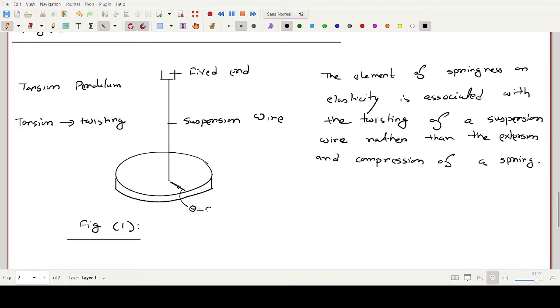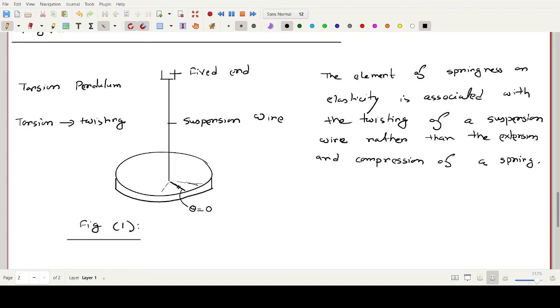If we rotate the disc from its rest position to the right or to the left, the disc will start to oscillate.